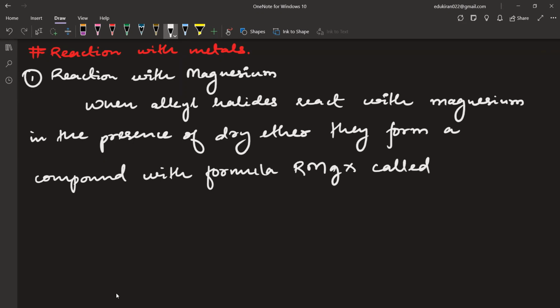And this RMgX is called Grignard reagent. It is a very important thing, Grignard reagent.